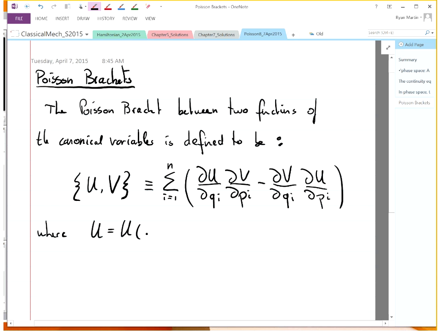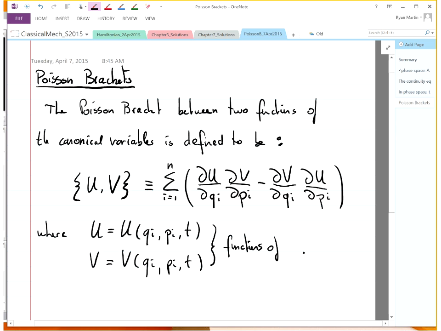Where u is a function of qi, pi, and t, and v is a function as well of qi, pi, and t. And that's what I mean by function of the canonical variables. The canonical variables are q and p. So any function of q and p we can call a function of the canonical variables.